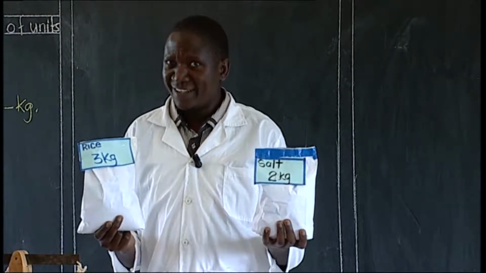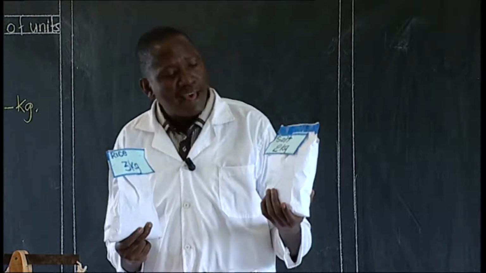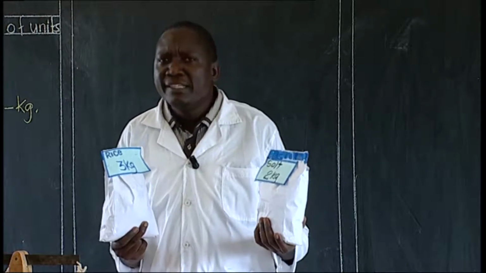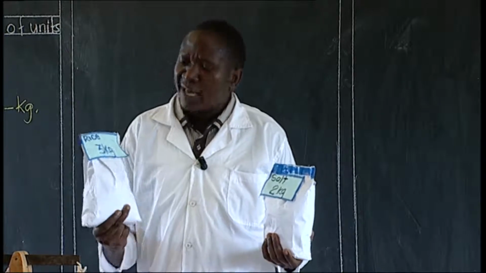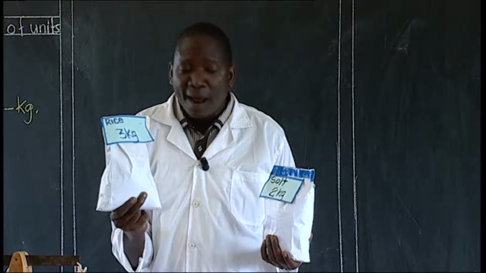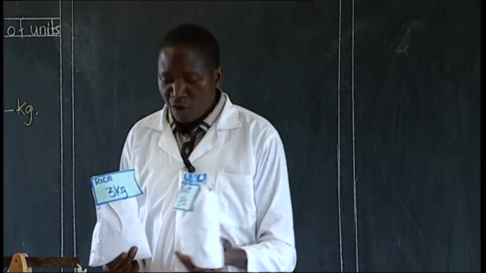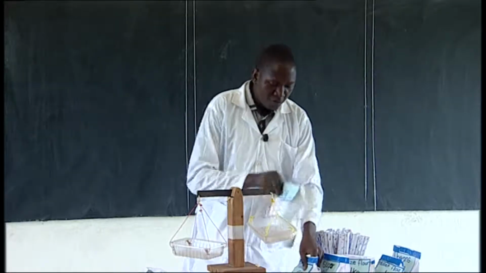You are seeing it. Good. We have rice. Rice is heavier than salt. Why do you think rice is heavier than salt? Good. It's because in this envelope of rice there are 3 kilograms, and the salt here is 2 kilograms. That's very good. You are so good, and you are good children.